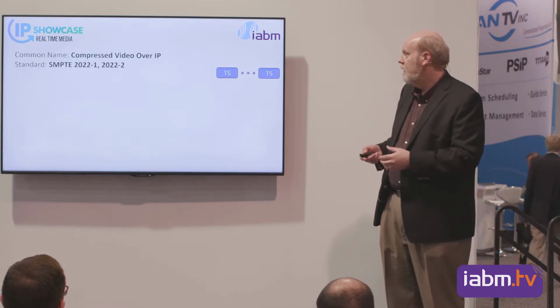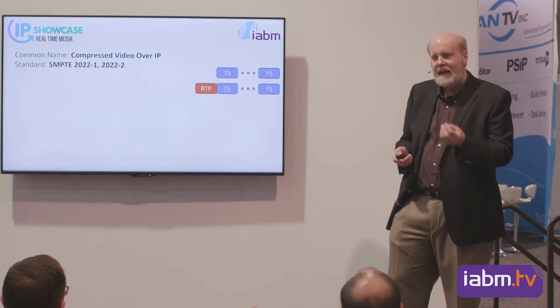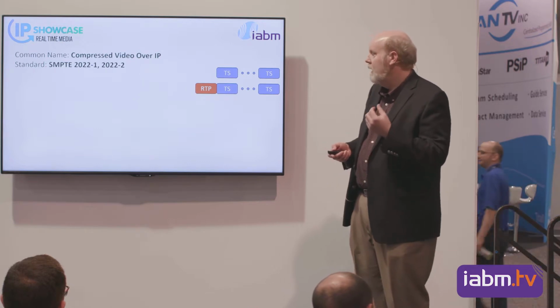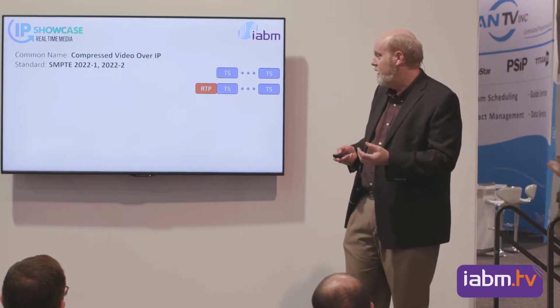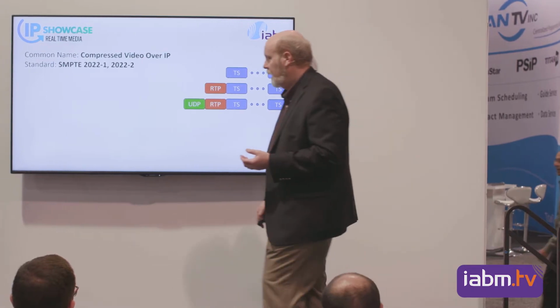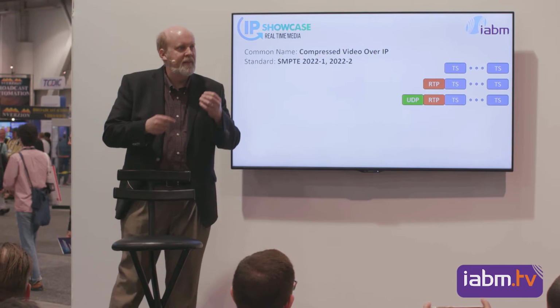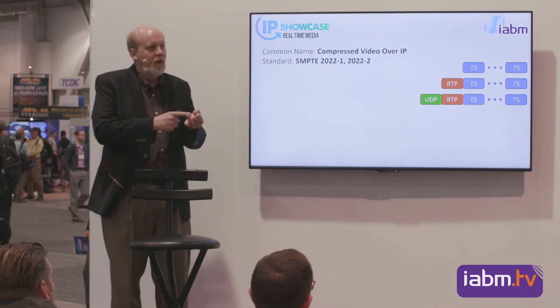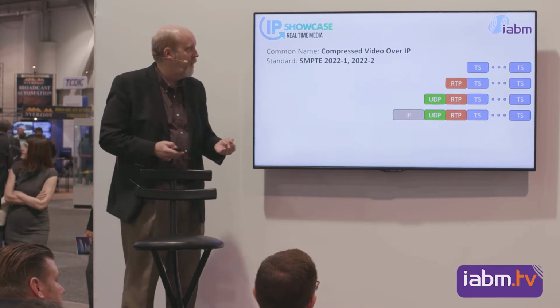So, compressed video over IP. This standard basically takes MPEG-2 transport stream packets that we've been using in the video industry for literally decades. The standard for this came out a number of years ago. And with transport stream packets, we're compatible with satellite transmission, and we're compatible with over-the-air broadcasting, both in North America and Europe.